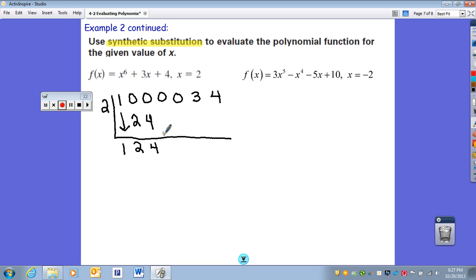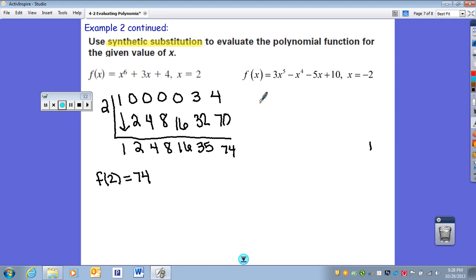We repeat this: multiply by 2, put our answer here, and add the two together, until we multiply one last time and add the two together. So our f of 2, when we substitute 2 into our function, gives us an answer of 74. It's another way to find or evaluate the function for x.